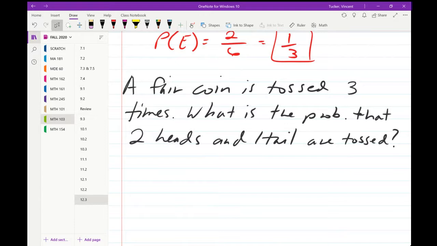All right, so a fair coin is tossed 3 times. What is the probability that 2 heads and 1 tail are tossed? So once again, we want to establish our sample space.